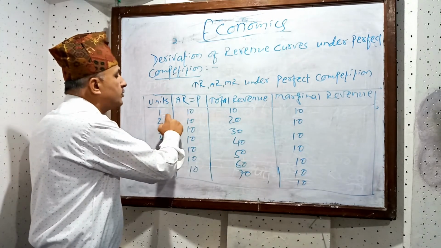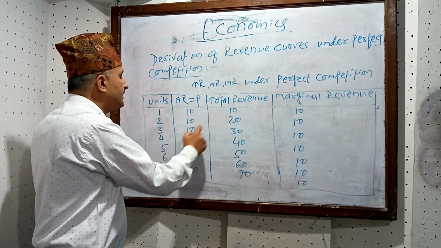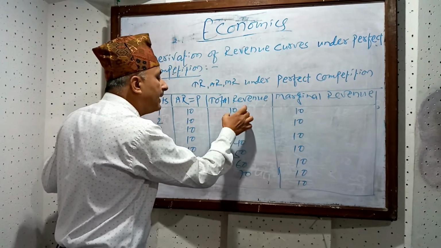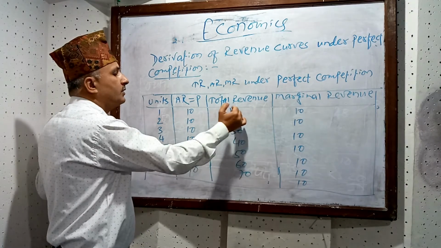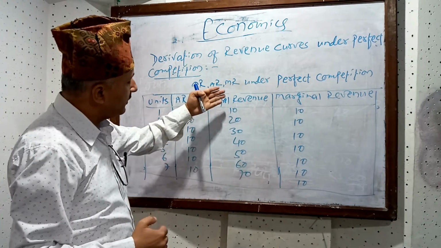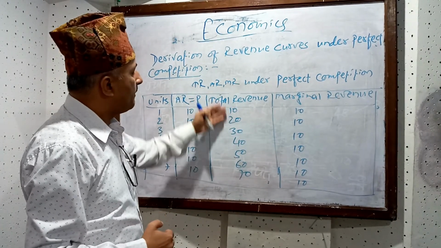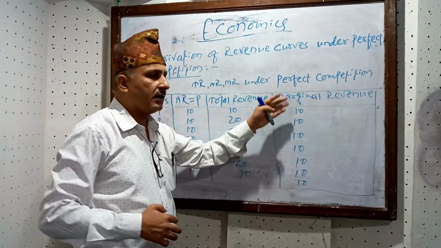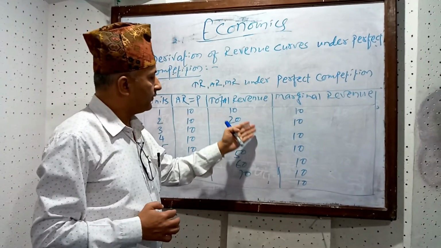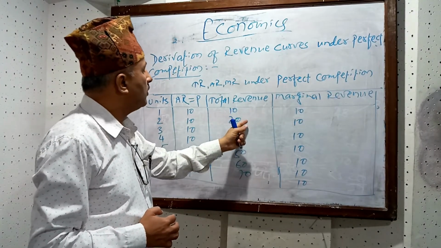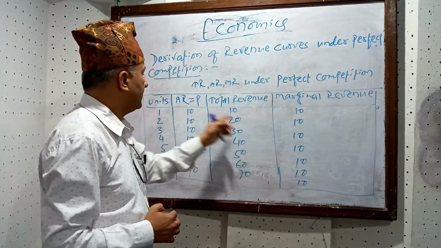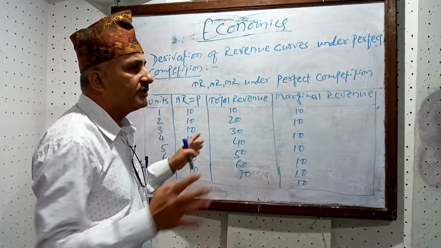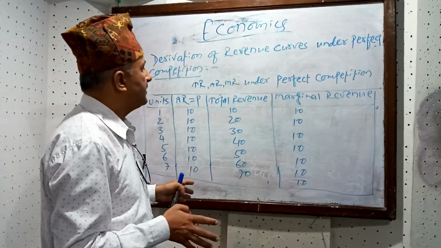That is 10 into 1, 10, 10 into 2, 20, 10 into 3, 30. In this way, total revenue increases by the same amount. So total revenue increases in each and every step by 10. That's why the change in total revenue is always 10, so the value of average revenue and marginal revenue is always equal and similar under perfect competition.